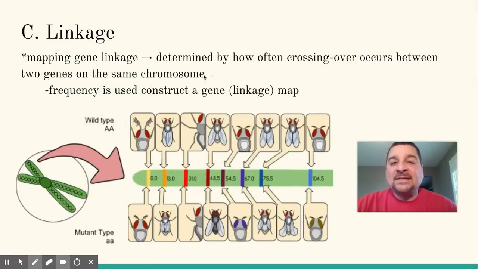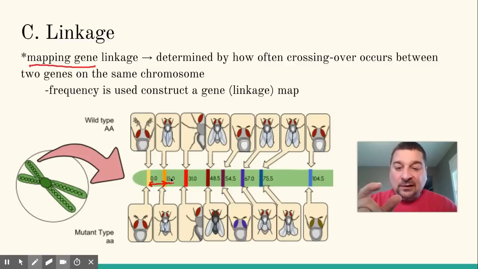Our last topic here is this idea of mapping genes. And in order to map genes, they actually use linkage. Remember, the closer they are together on the chromosome, the more likely they are to be passed together. So when two things are close together, they have a very low frequency of crossing over, of being split apart in a cross.